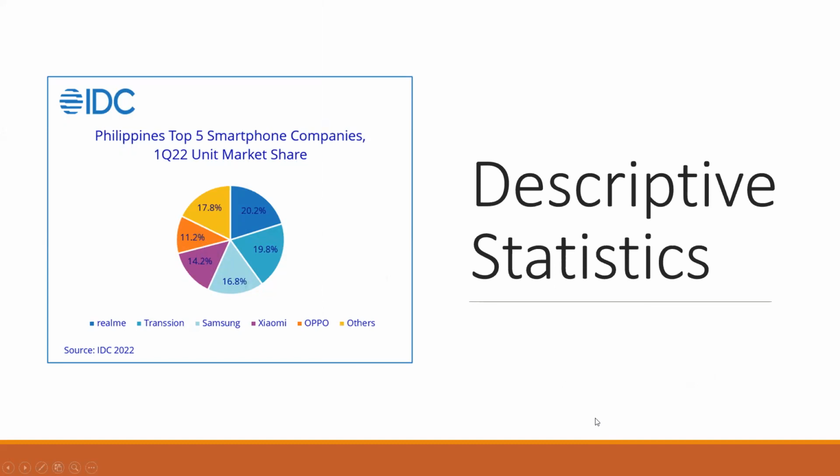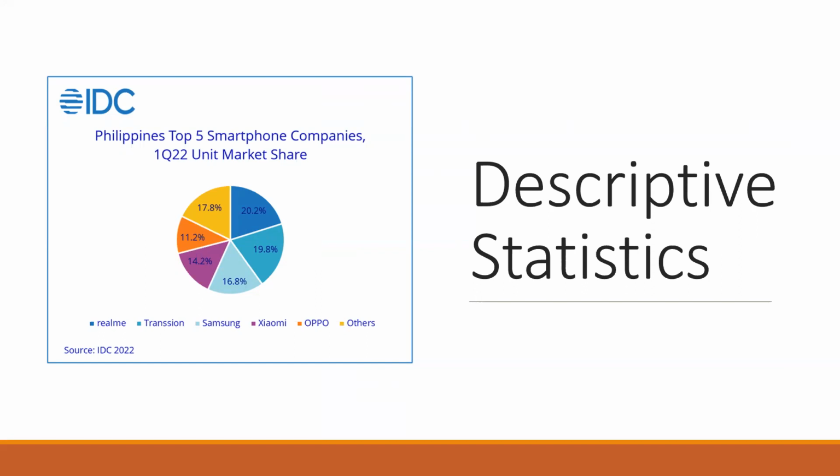Look at this, for example, right? You have a chart showing the top 5 phone companies in the Philippines. And apparently for the year 22, it is Realme. Well, imagine if you were confronted with the large data set of this particular statistical survey, and it would be very hard to see which phone company is number one if you are only seeing a list.